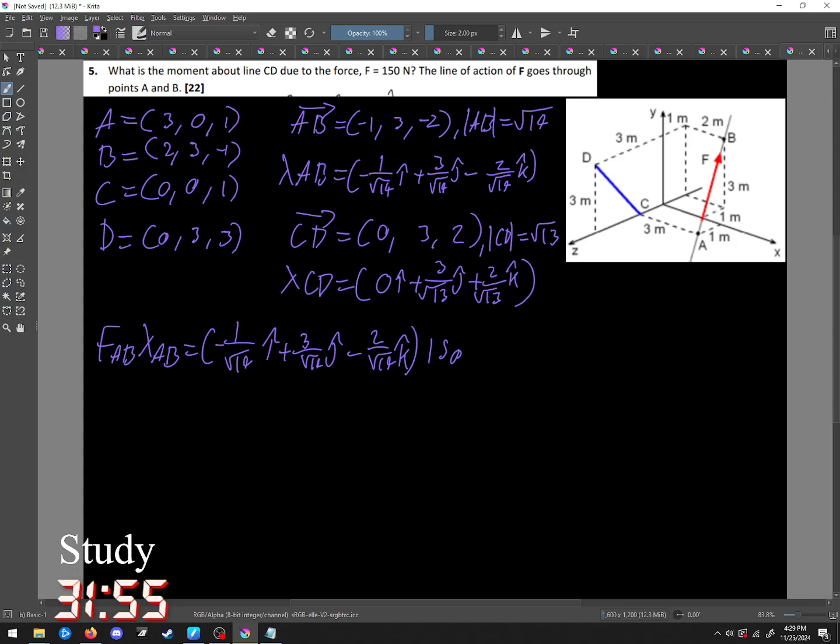So for the scalar triple product, this would turn into, just set this up, it's going to be very large.